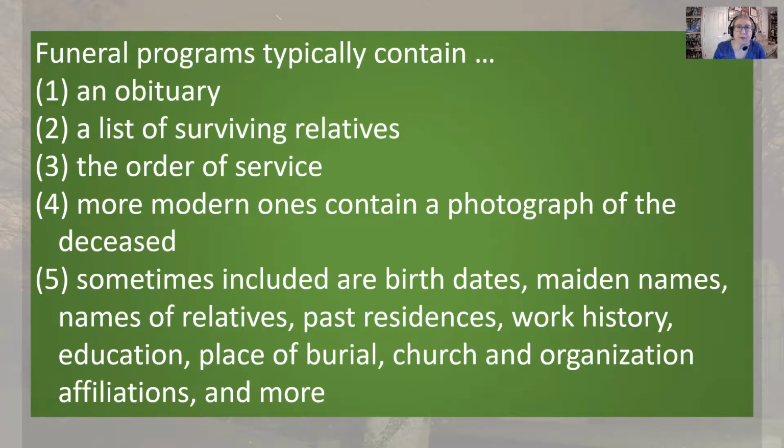Older ones will often contain an image, often a cross, or some other form of religious symbolism. Sometimes these will include birth dates, maiden names, names of relatives, past residences, and more, as you can see on the slide. You often will find individuals who will speak at the service.